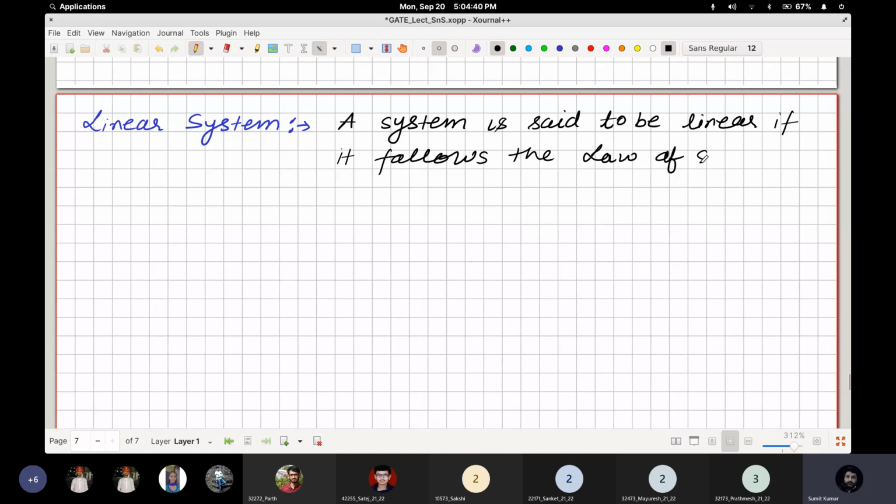In the simplest words, superposition basically means two laws at the same time.